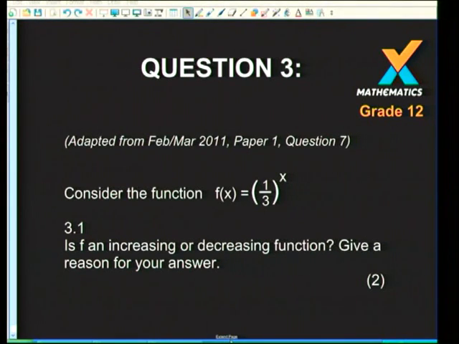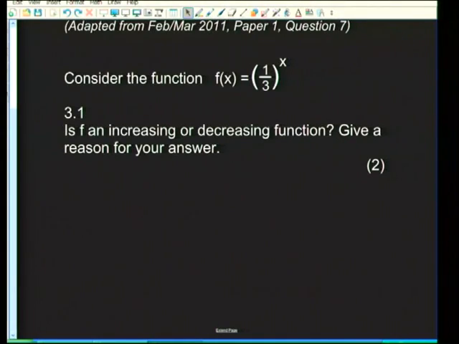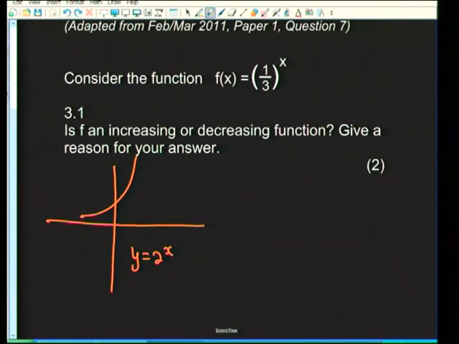Now, how I make sense of this is if we're thinking of the graphs, and I think I've managed to successfully demark my pen. If this was y equals 2 to the x, do you agree with me that as your x's are getting bigger, your y's are getting bigger? Or another way to look at it is the gradient of this is positive, so this would be increasing.